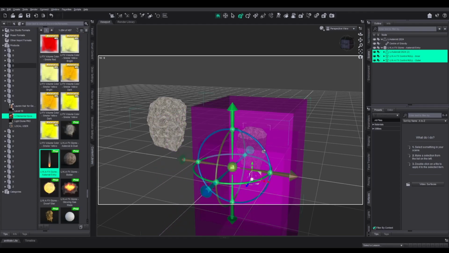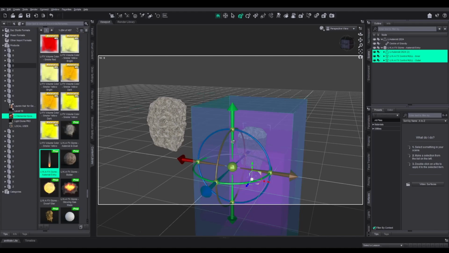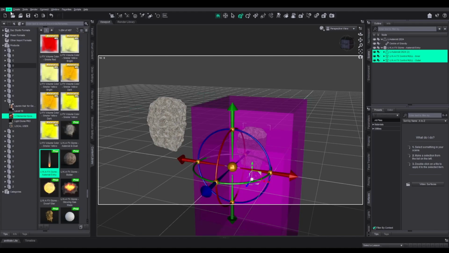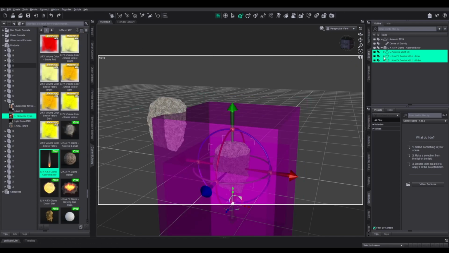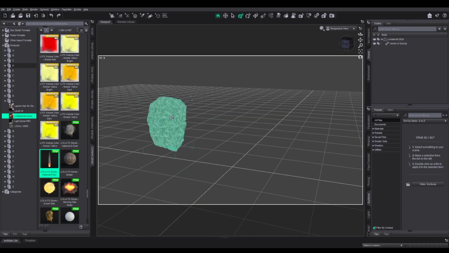I mean, what's the deal with this? See, this is the problem. There's absolutely no documentation at all. I have no clue what I'm doing here.